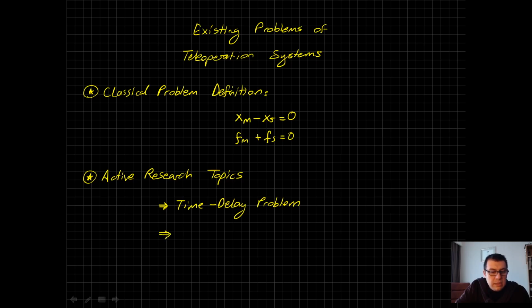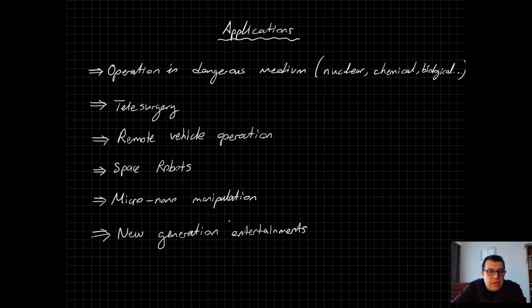I can write here as the second research-wise problem, the scaling problem. Think of two of the examples that I have given in the previous slide. One is remote vehicle operation, the other is micro-nano manipulation.